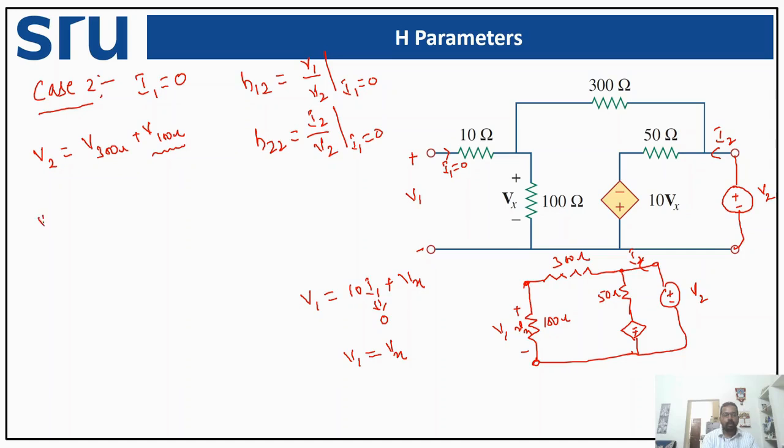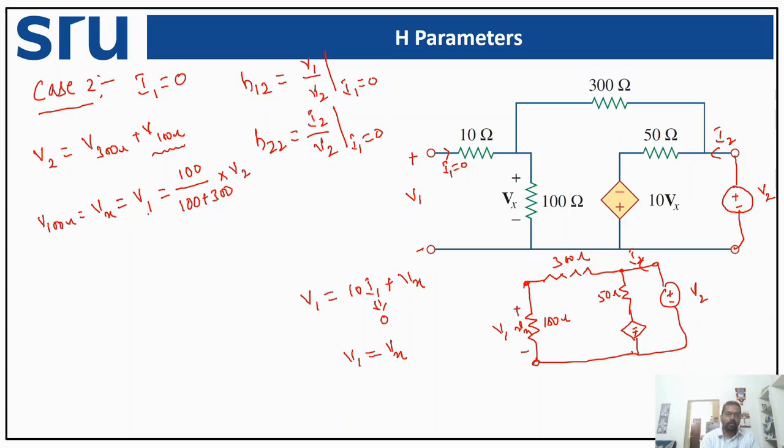So voltage across my 100 ohm is Vx, which is also V1, equal to its own resistance 100 divided by total resistance, that is 100 plus 300, into total voltage V2.